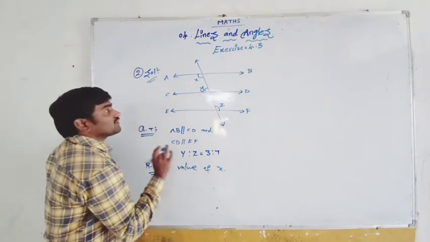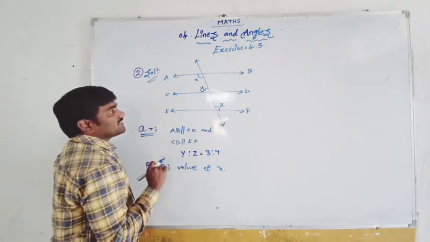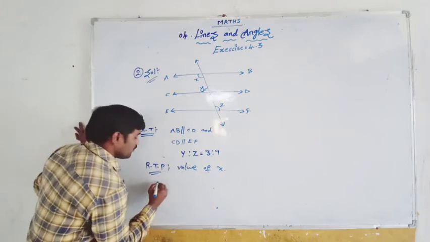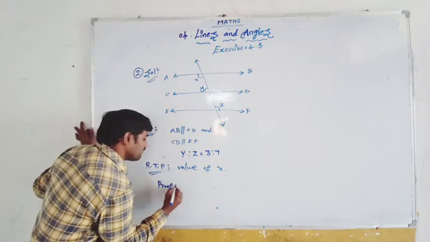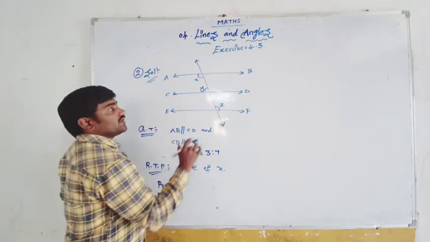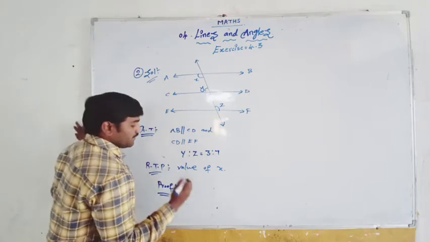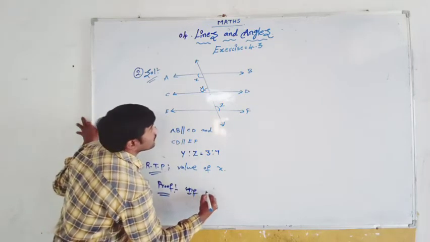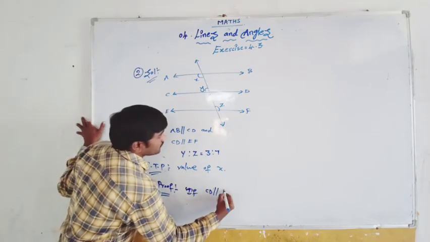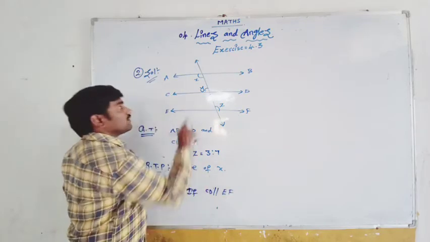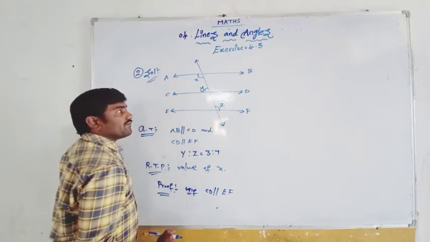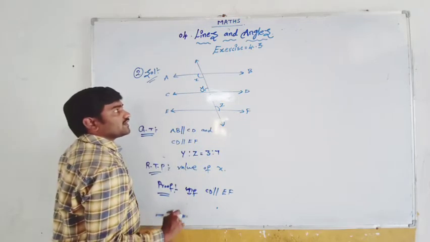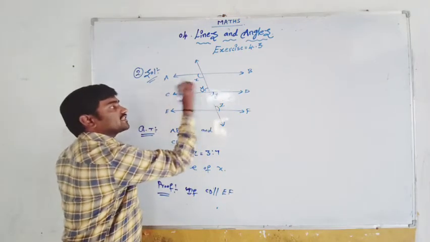So first of all, before you write the value of X, let us look at the diagram very clearly once again. When CD is parallel to EF, vertically opposite angles are equal.